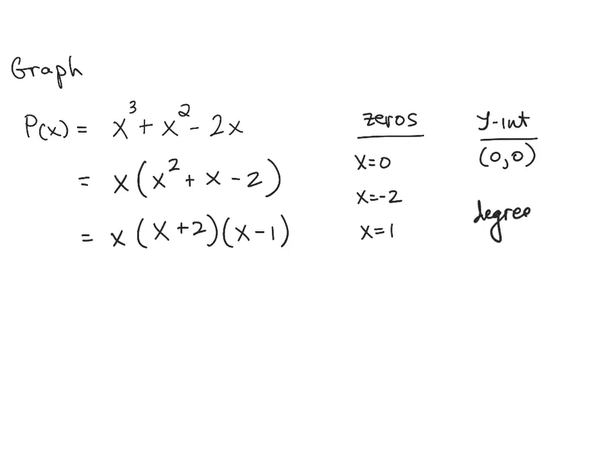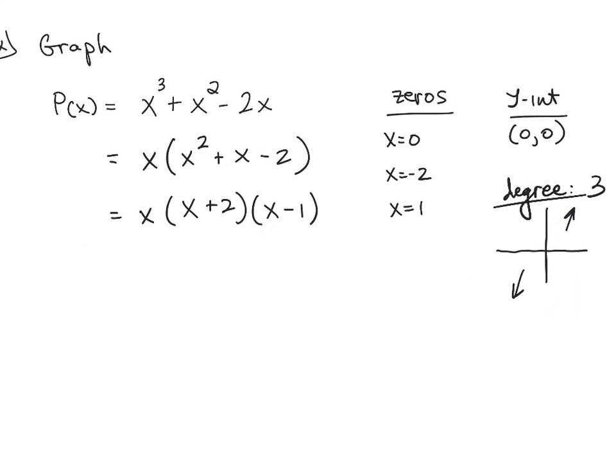Now the degree here, it's degree 3 because that was the highest exponent right there. So I know it's a degree 3 and it has a positive leading coefficient of 1. Positive leading coefficient means that for an odd degree polynomial, the right side is going up to positive infinity and the left side is going down to negative infinity.